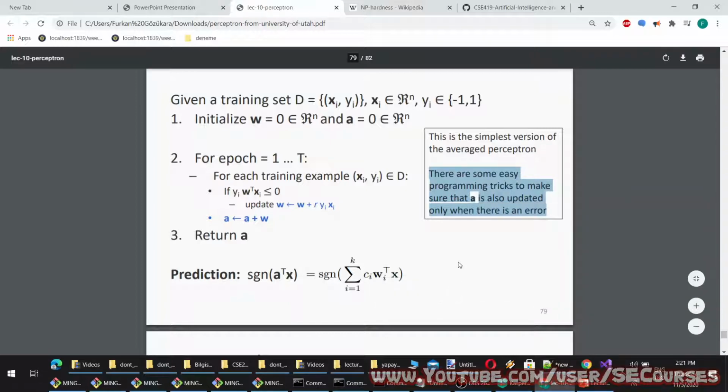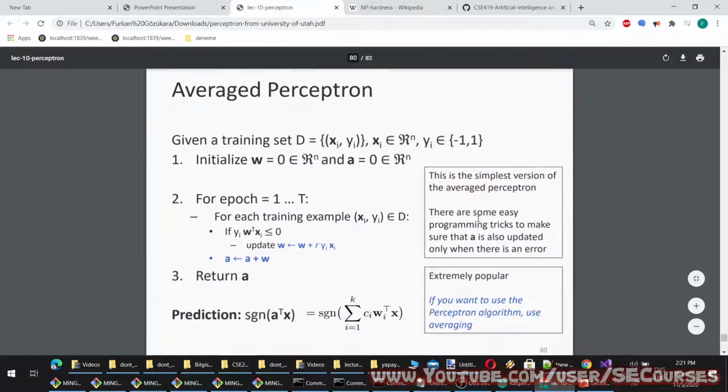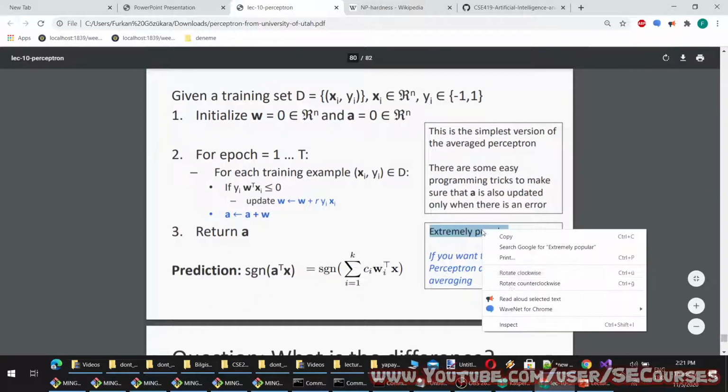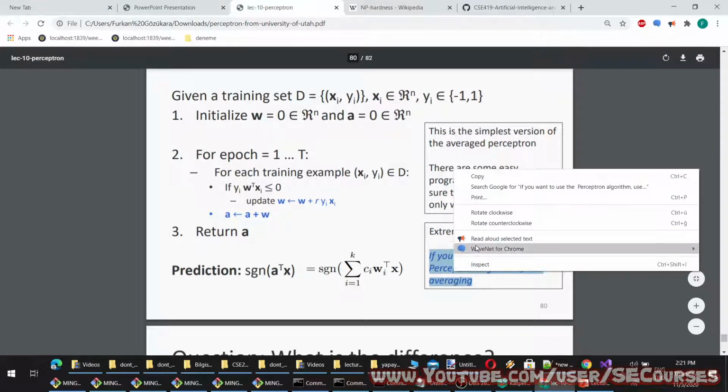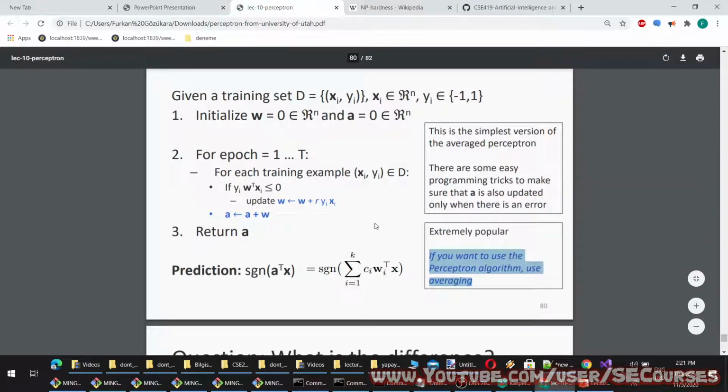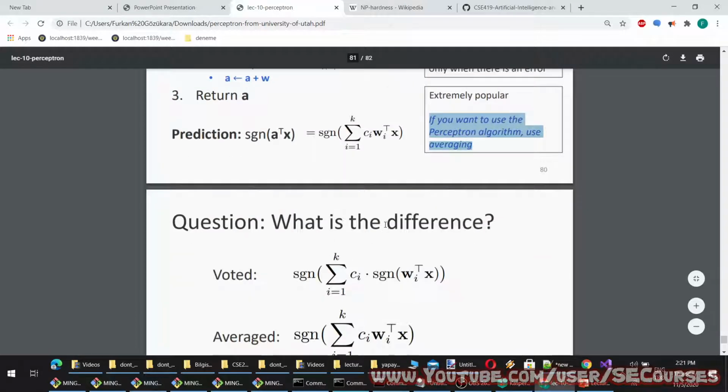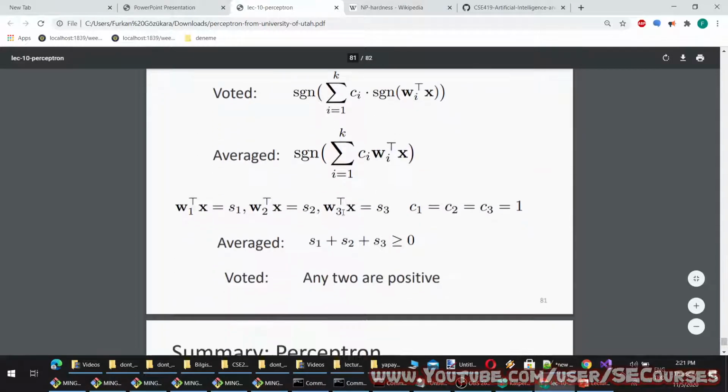There are some easy programming tricks to make sure that the average is also updated only when there is an error. Okay. This is extremely popular. If you want to use the Perceptron algorithm, use averaging.